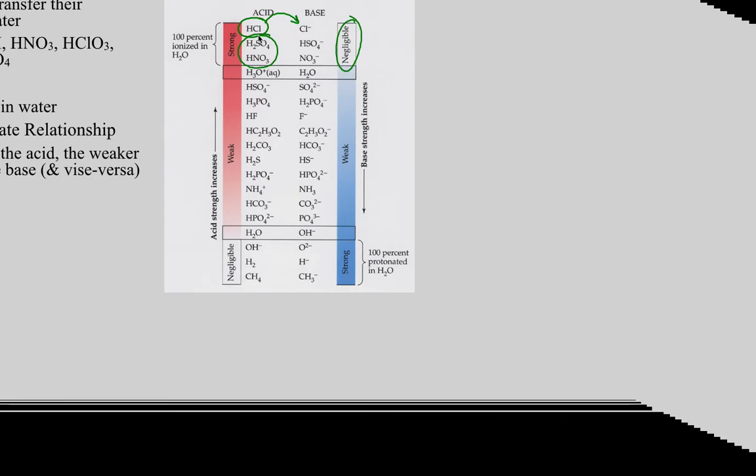What in that diagram says strong? 100% ionization. That's our strong. But notice what that means. If these are strong, these are worthless, or in more politically correct terms, of negligible strength.